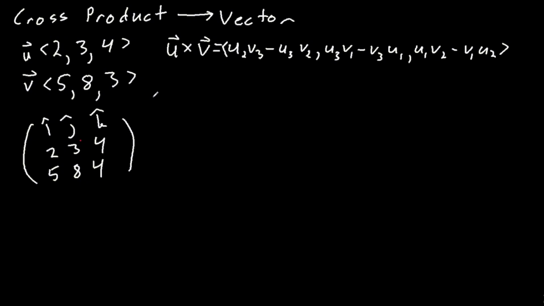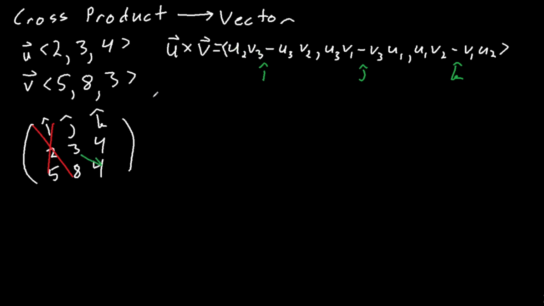Whenever you are solving, this is the i hat value. Let's write down the rest. This is the j hat. This is the k hat. What you can do is cross off the i hat column when you're solving for the i hat value. You see how I wrote U2 times V3 here?